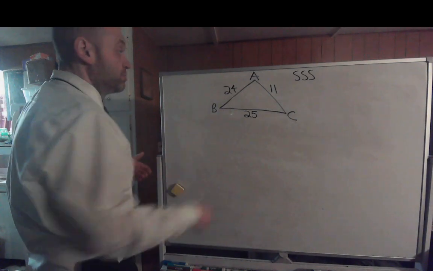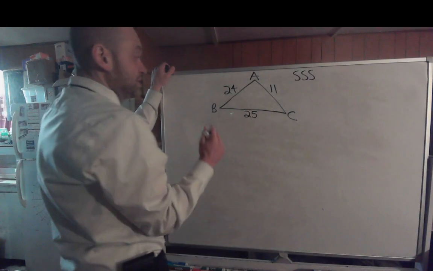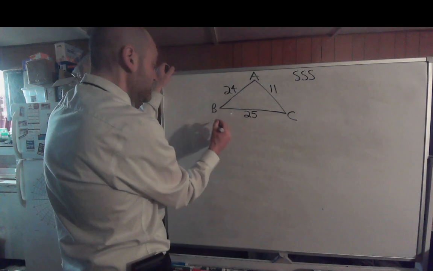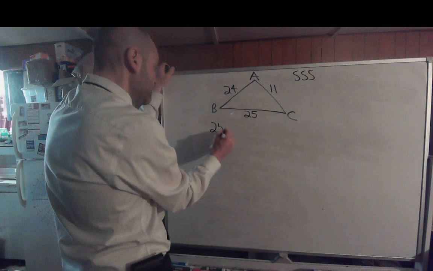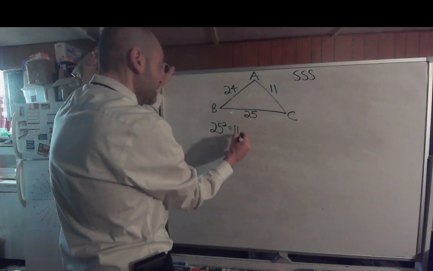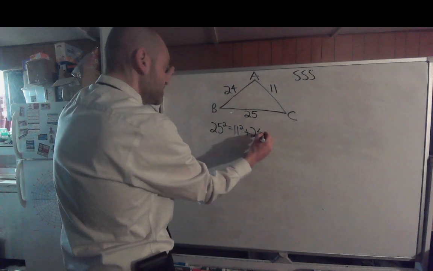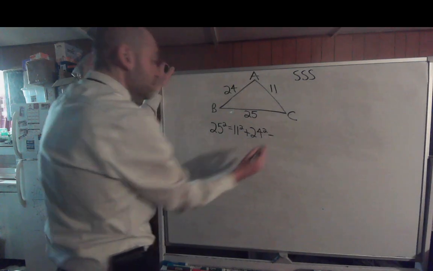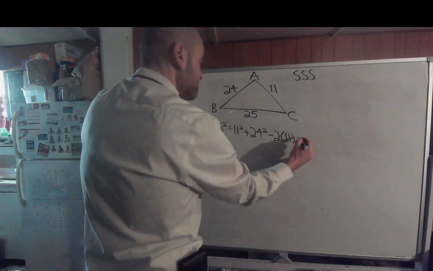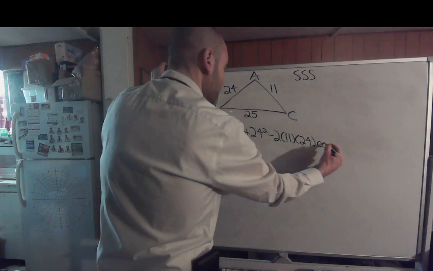I just go in alphabetical order, start with A. So that means we need to do the side A squared, so 25 squared would equal B squared of 11 squared plus 24 squared, which is C squared, minus 2 times my B of 11 times my C of 24 times the cosine of A.